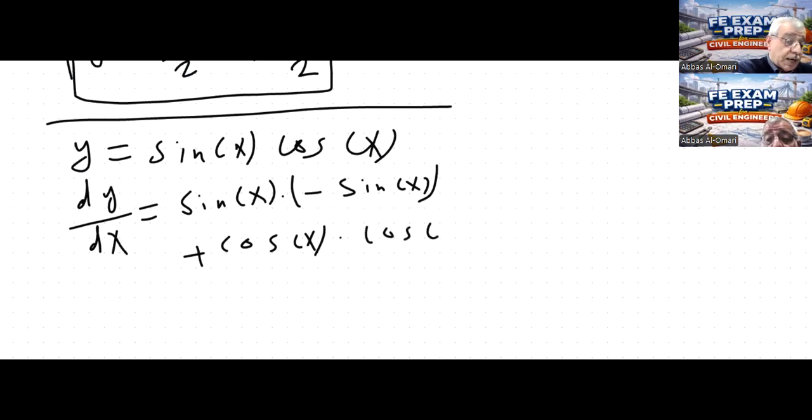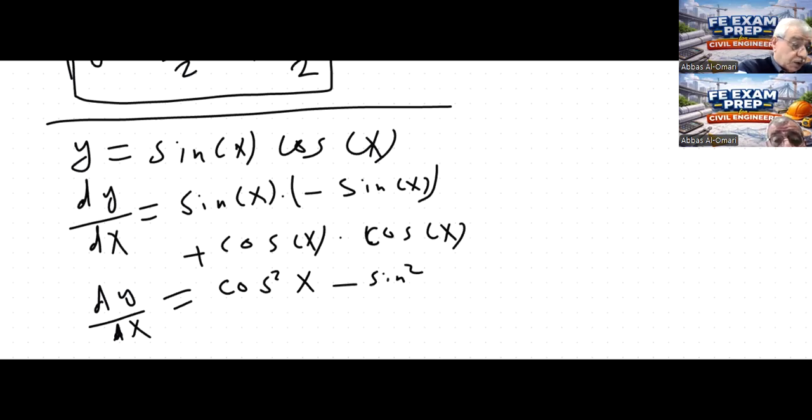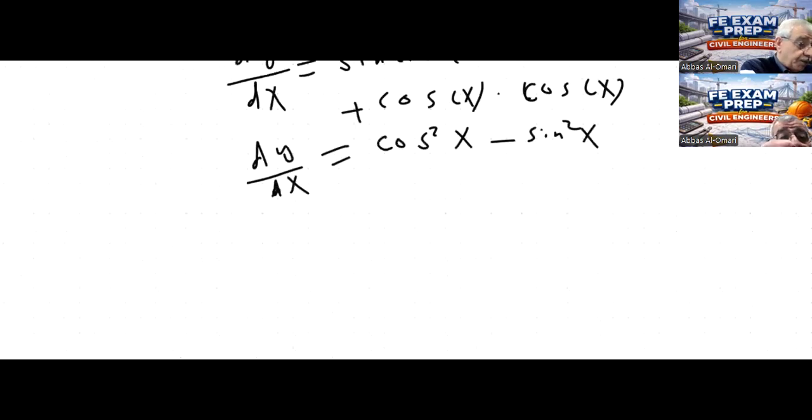So we have cosine x by cosine x minus sine by sine. So the derivative dy by dx equals cosine square x minus sine square x. This is the derivative of the given function.